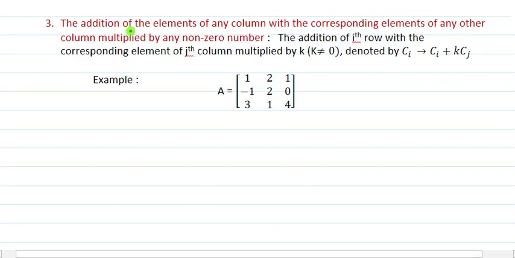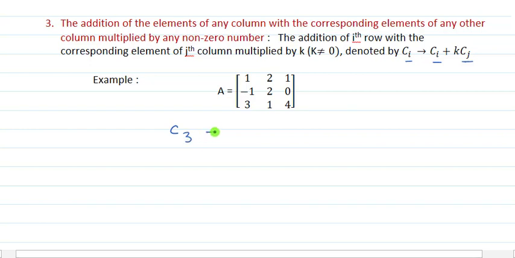Next operation is addition of the elements of any column with the corresponding elements of any other column multiplied by any non-zero number. It is denoted by Ci implies Ci plus K Cj. So let us have this operation on this matrix. Let me have it on the third column here.